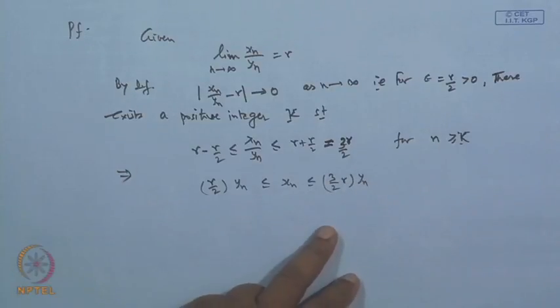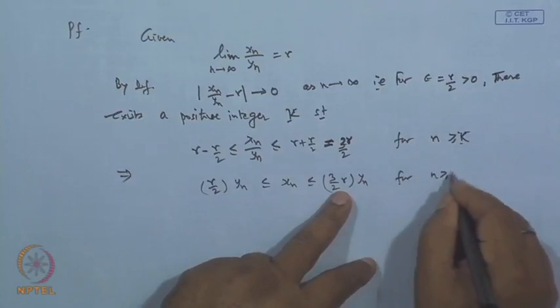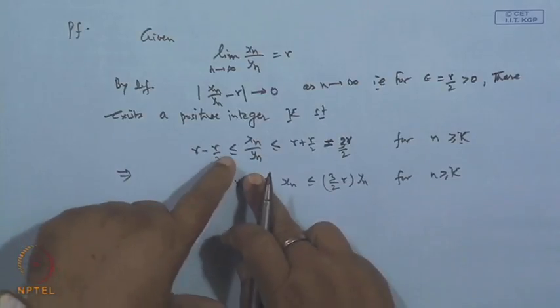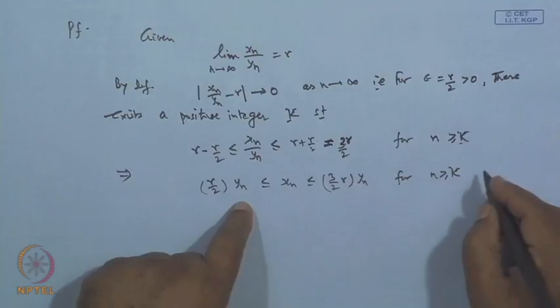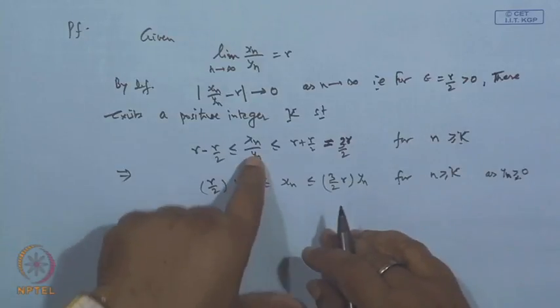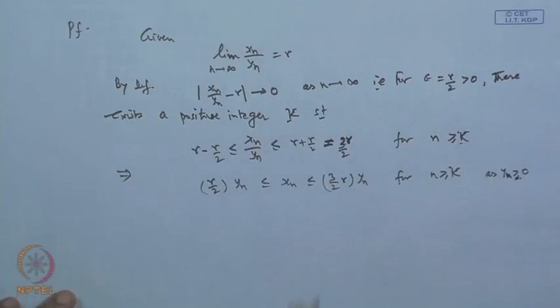Now apply the comparison test. This is true for n greater than or equal to k, because the y_n's are positive. Therefore, when we are multiplying, it is not going to change the inequality, as y_n's are greater than 0, otherwise the problem fails. So y_n is greater than 0.